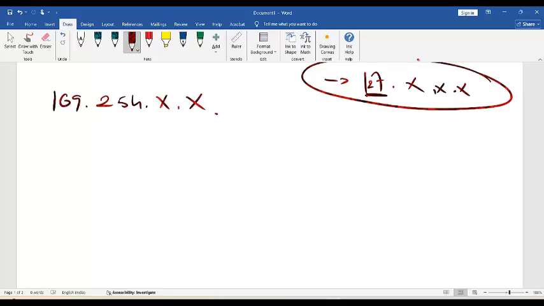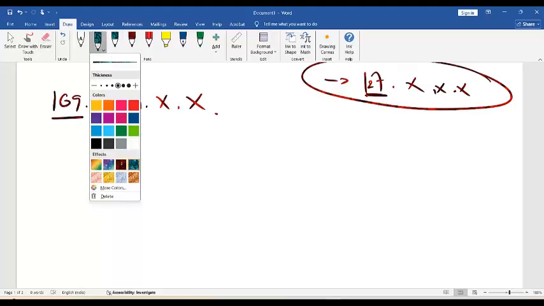Why am I calling it class B? Because the class B range is between 128 to 191, and this address is in between this range. That's why I say this belongs to class B, but it is meant for some special purpose.